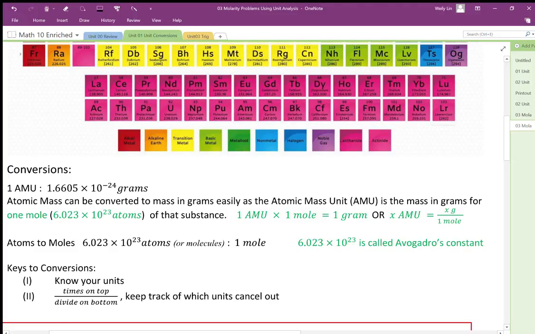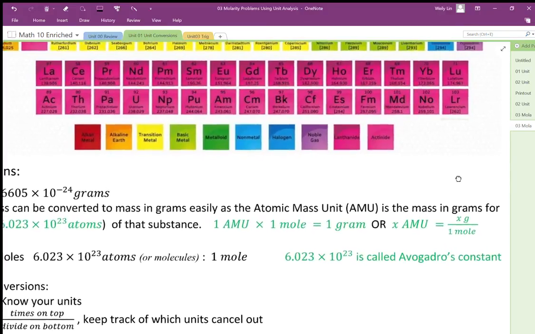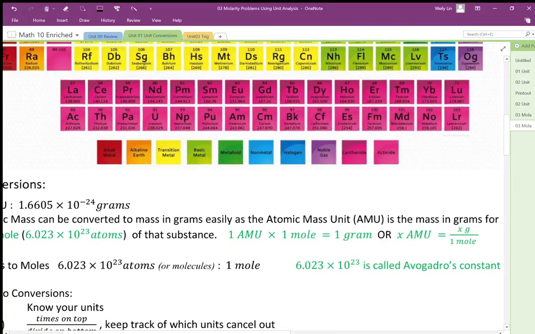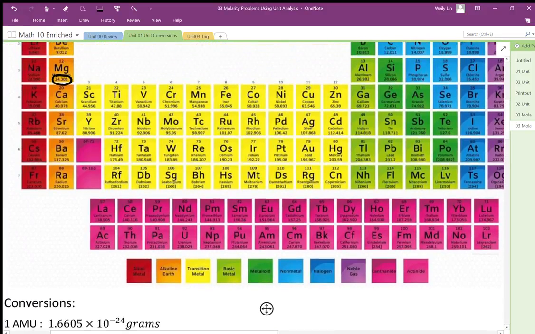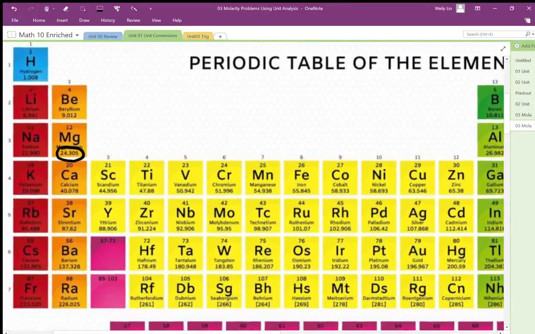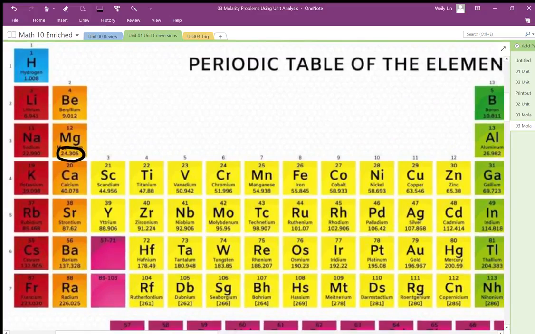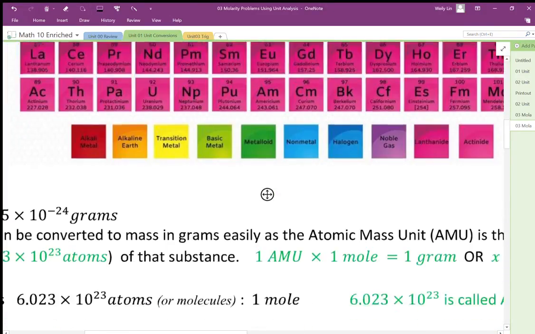It looks like this: one atomic mass unit times 1 mole of that substance equals 1 gram. More useful to us will be the atomic mass units in the periodic table. For example, magnesium is 24.305 atomic mass units.